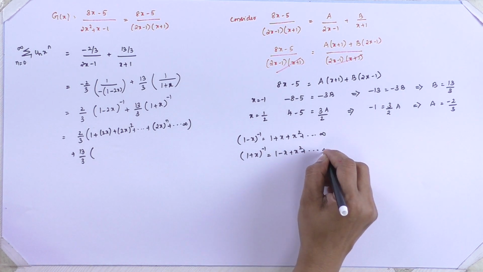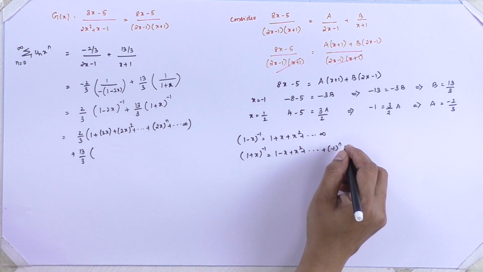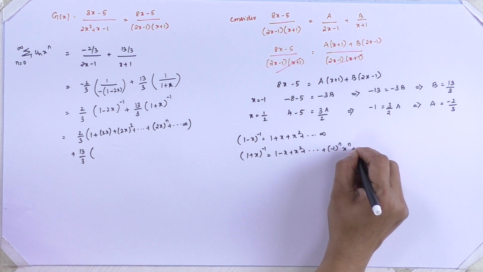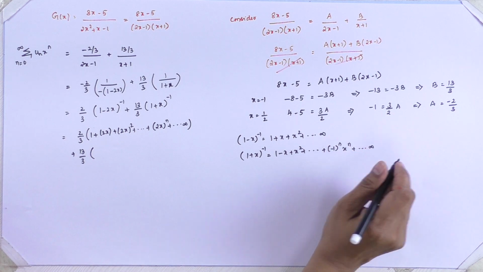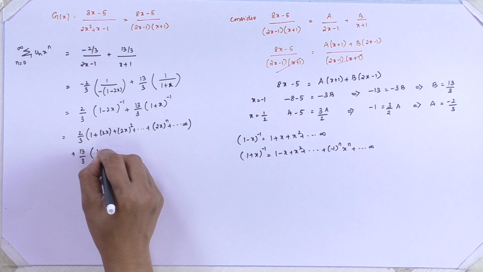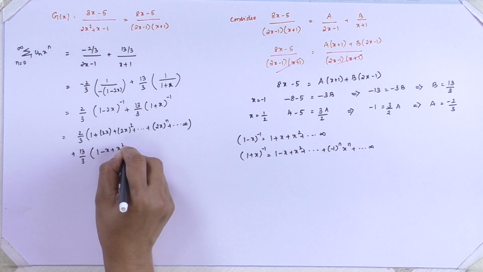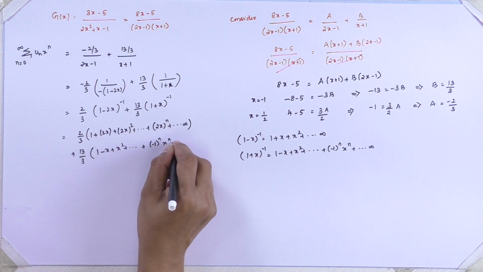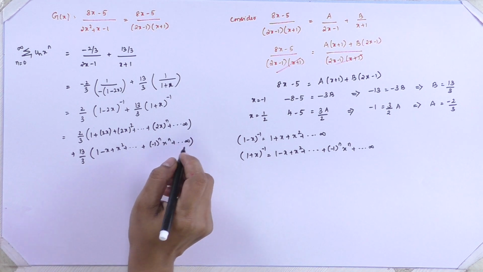See, alternate plus minus I am getting. So for the nth term I don't know either way whether it will be minus or plus, so I will have it as minus 1 whole raised to n and x to the power of n. So it will be 1 minus x plus x square plus so on till, plus minus 1 power n x power n plus so on till infinity.